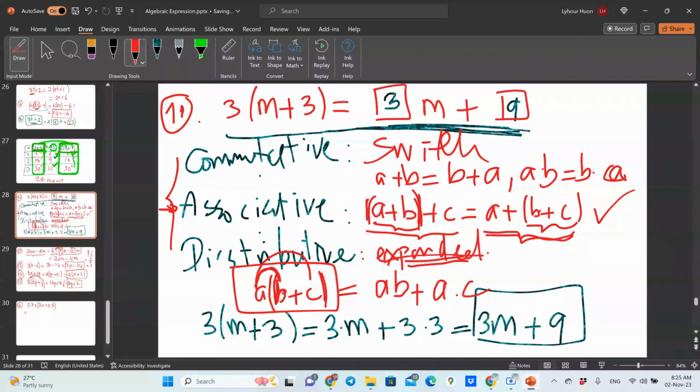On the left side, b is grouped with a, but on the right side, b is grouped with c, but the result of these operations will be the same. So yes, associative.